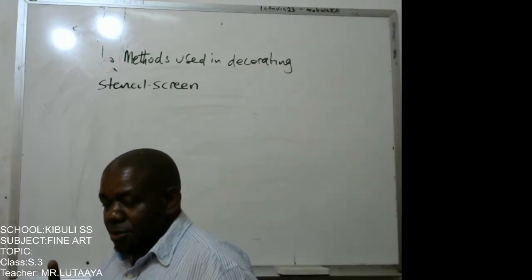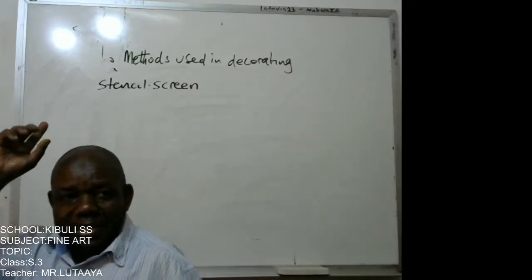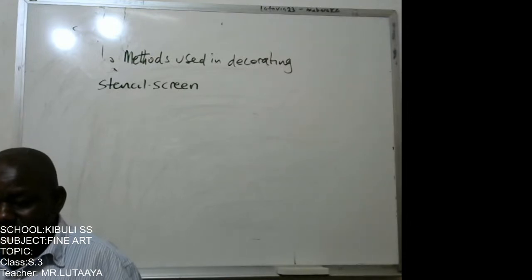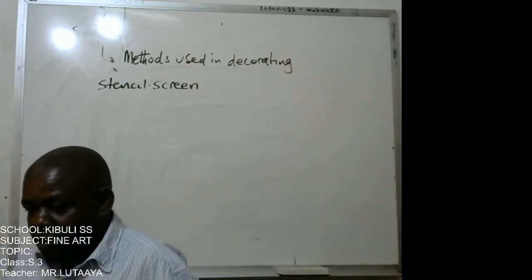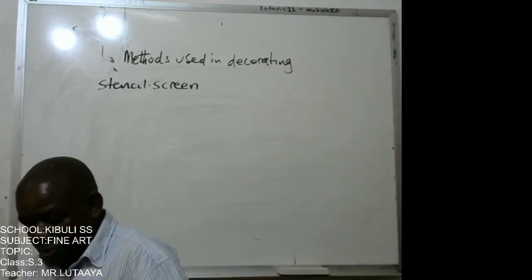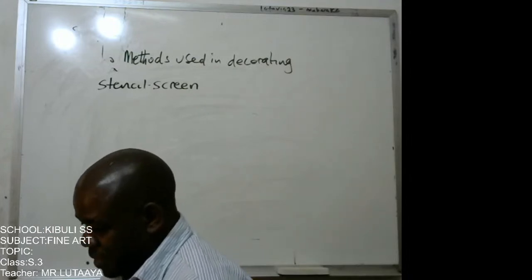You must know those. Also, stencil printing has advantages and disadvantages. They are very clearly stated in what we have given you there. So please make sure you read it carefully, and then you'll get to know how to do it. So that is stencil screen printing.